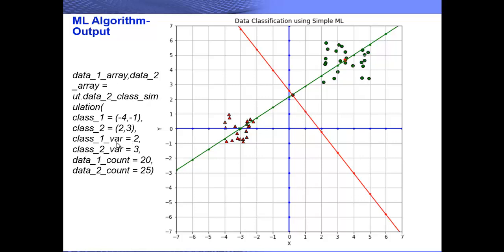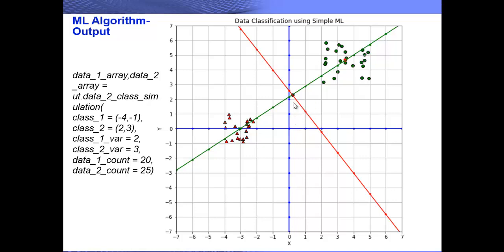So we got a variance for class 1 of 2, and class 2 variance was 3, and then the points were 20 and 25 for class 1 and class 2 respectively. So these are the drawn points. This is the red centroid, this is the join, and then we calculated the perpendicular line to the centroid line, which is nothing but the hyperplane.